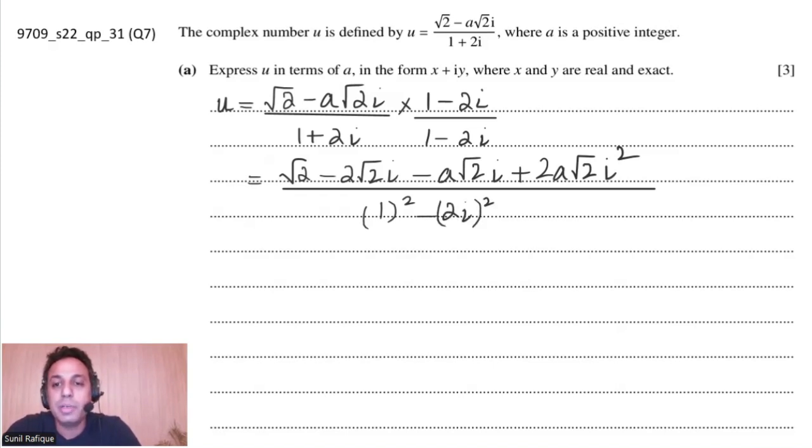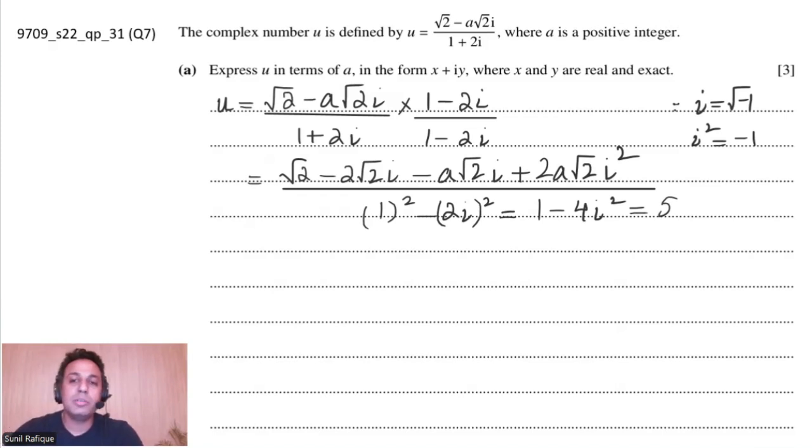So know your algebra. Let me simplify the denominator here: 1 minus 4 iota squared. Since iota is the square root of negative 1, iota squared is minus 1. So this is going to be 5, because minus 4 times minus 1 is plus 4, and then we add that and get 5.